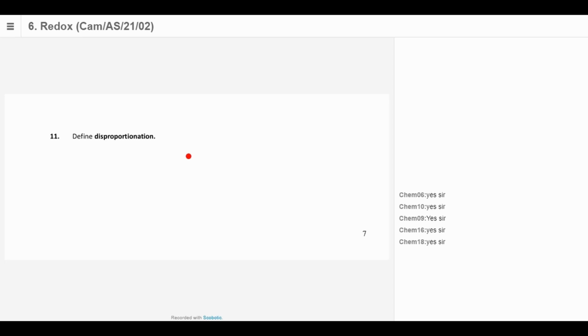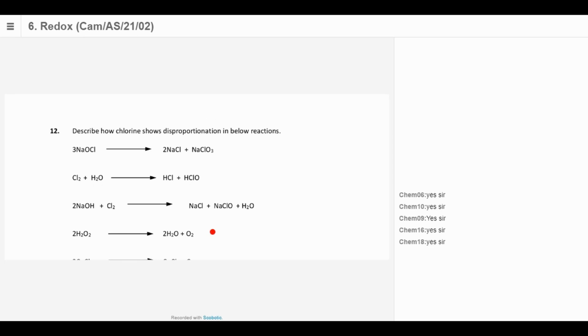Whereas in a disproportionation reaction, there is simultaneous reduction and oxidation taking place in the same species, in the same reaction. So that means one particular species at the same time, in the same equation, is reduced as well as oxidized.